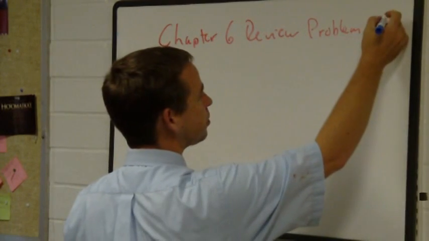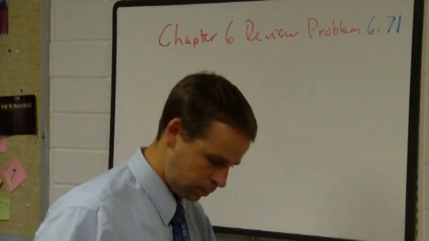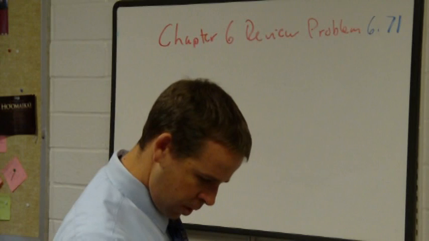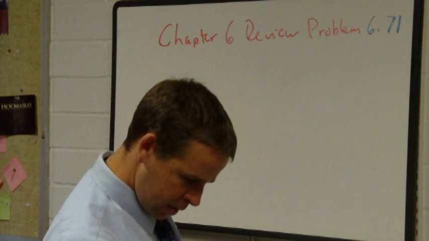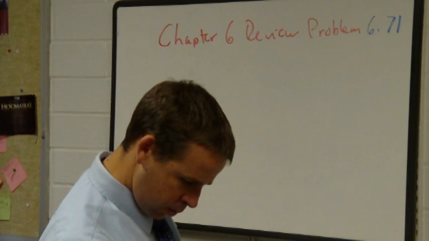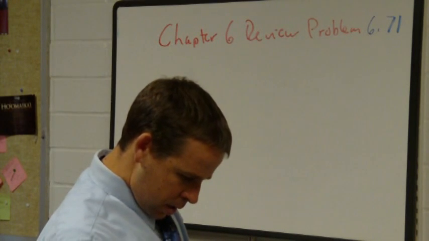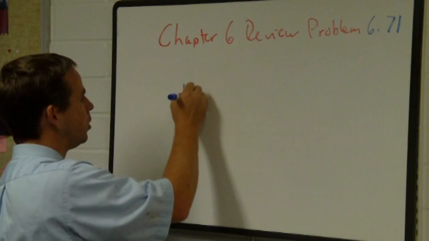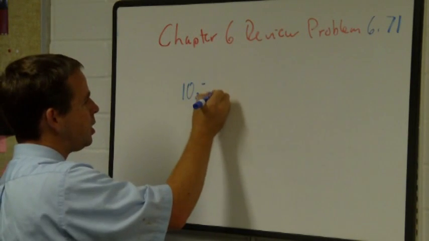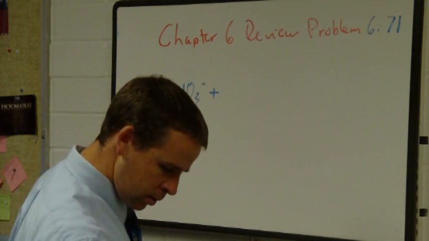671. Iodate ion reacts with sulfite ion to give the sulfate ion and iodide ion. Write a balanced net ionic equation for the reaction. IO3 minus is the iodate.